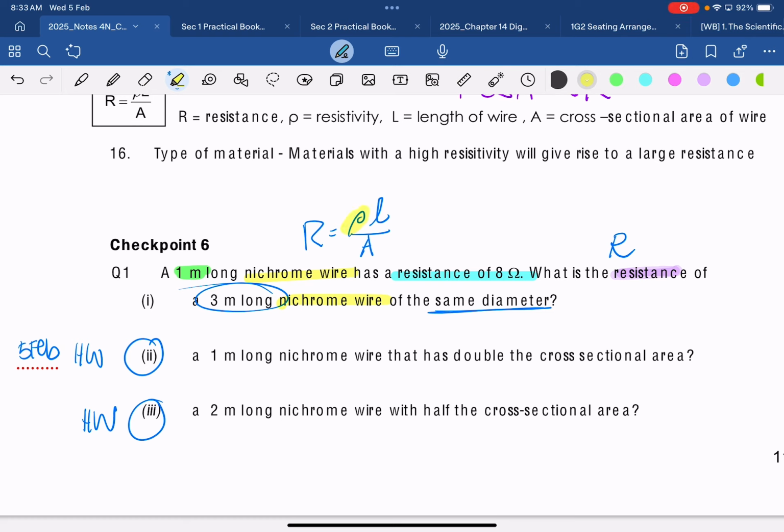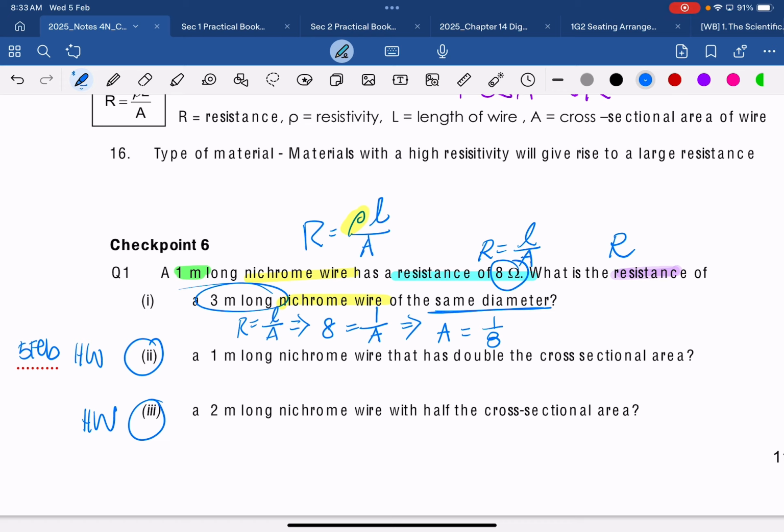So now I'm just comparing R equals L over A. My L is 1, and my resistance is 8. So for my first wire, R is 8 ohm, L is 1 meter, with an A. Making A the subject, A would be 1 over 8. Don't worry, you can leave it like this.